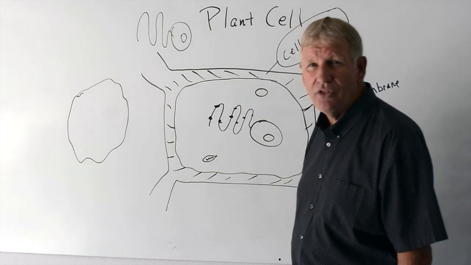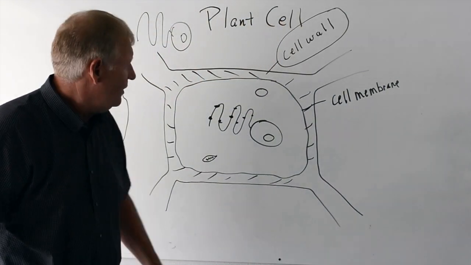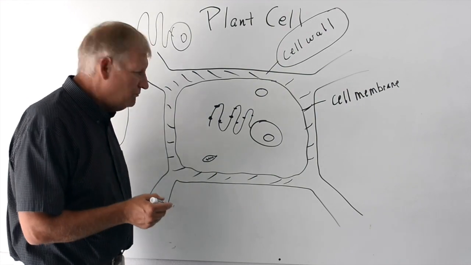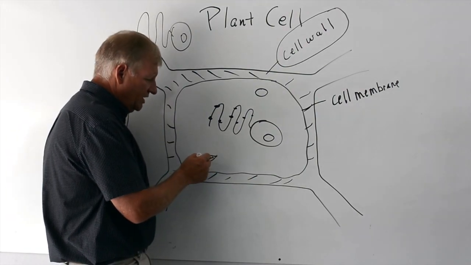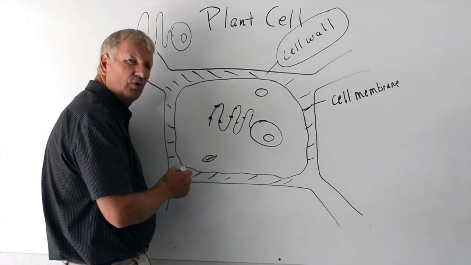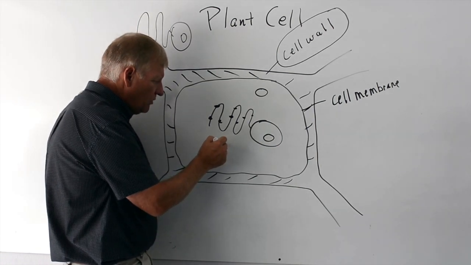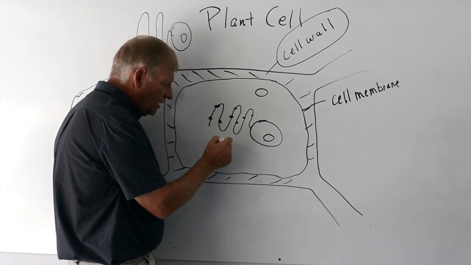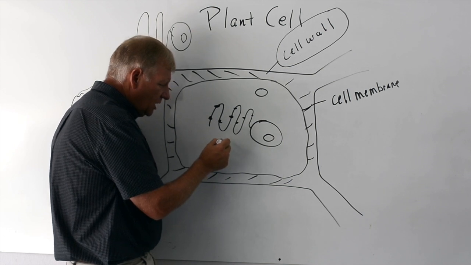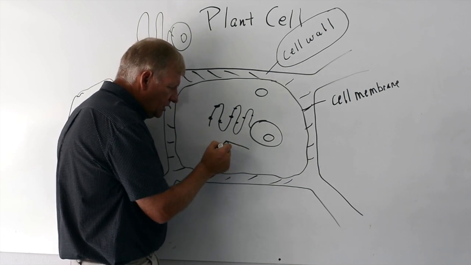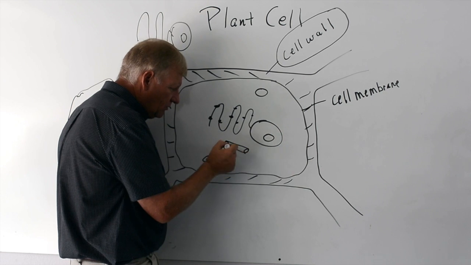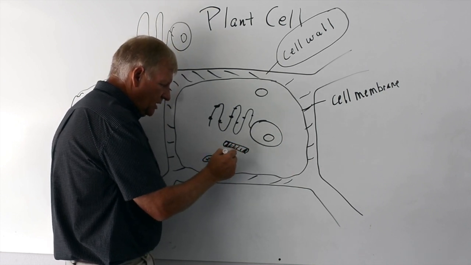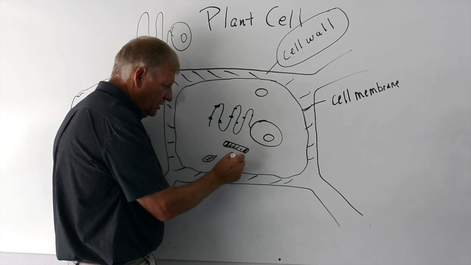And then there's another cell organelle inside of the plant. Now, this one's kind of interesting. It's similar to a mitochondria, except that it's a round-looking, tube-looking thing, and it's green in color.